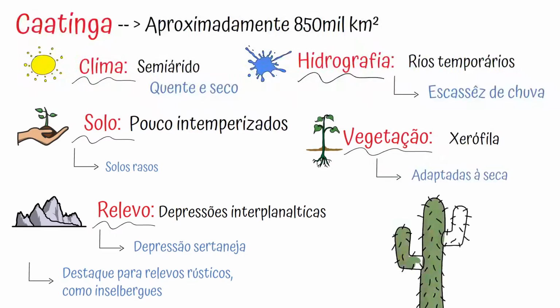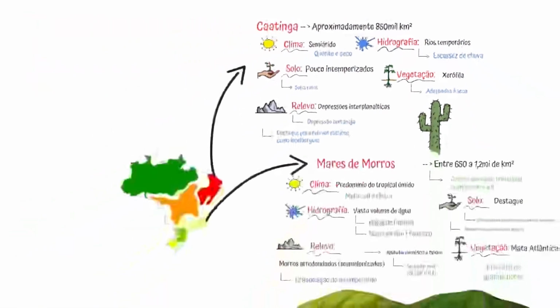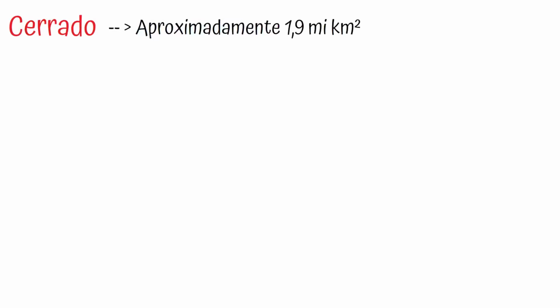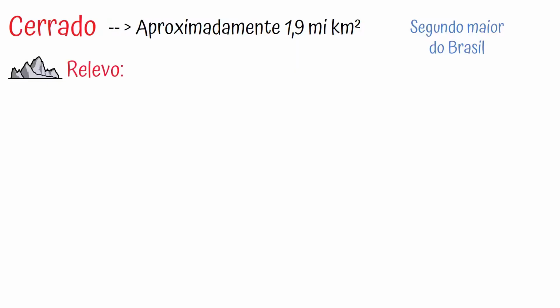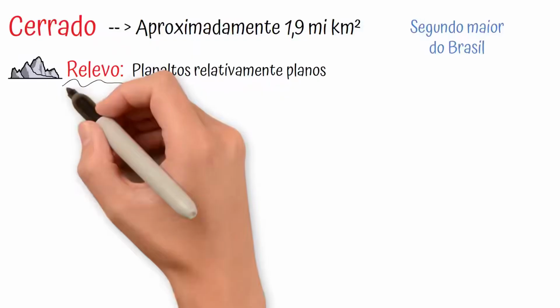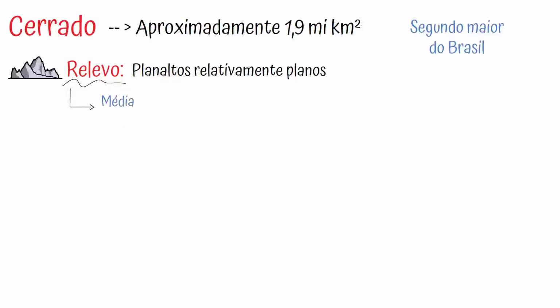Now let's move on to the Cerrado Domain. This domain is essentially located in the central west region of Brazil. It also extends into the country's northern, northeastern, southeastern, and southern regions. It is the second largest domain in Brazil, with an area of approximately 1.9 million square kilometers. Its terrain is characterized by relatively flat plateaus, with average altitudes there of about 600 meters.